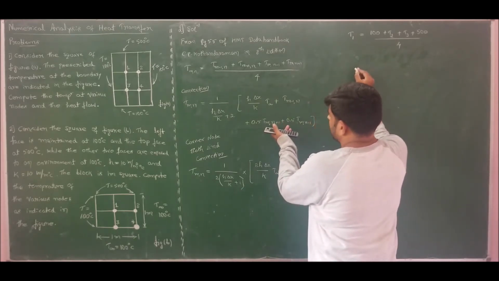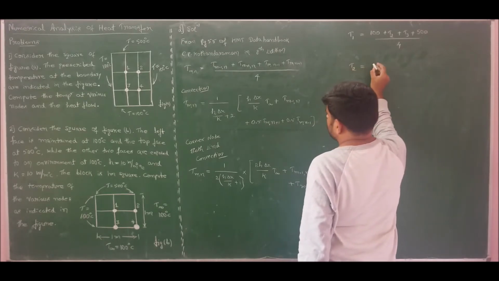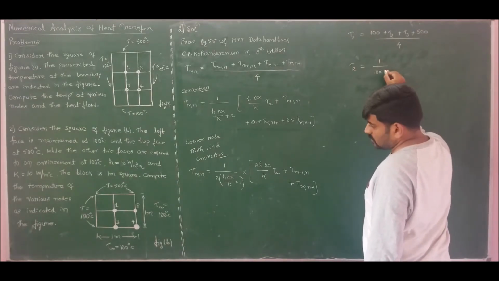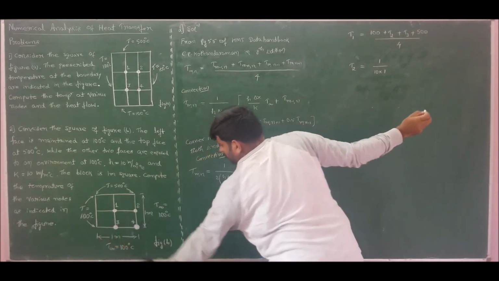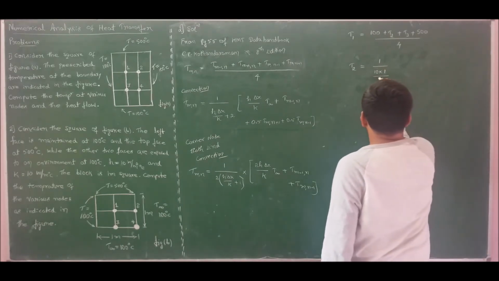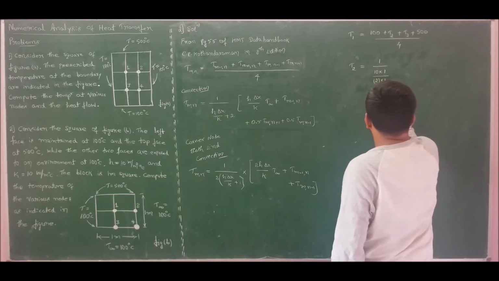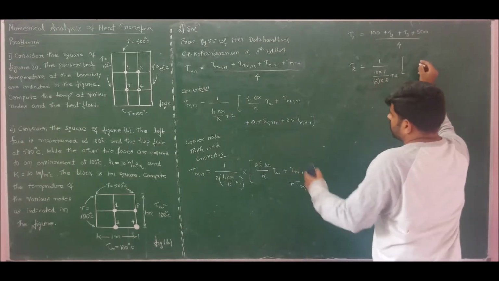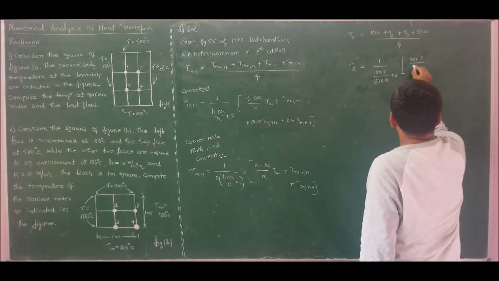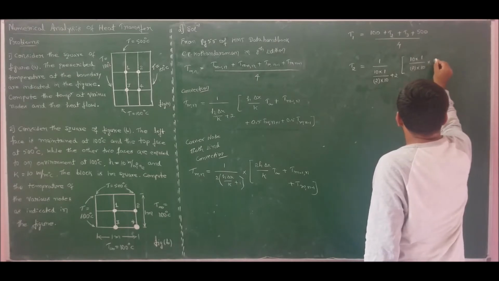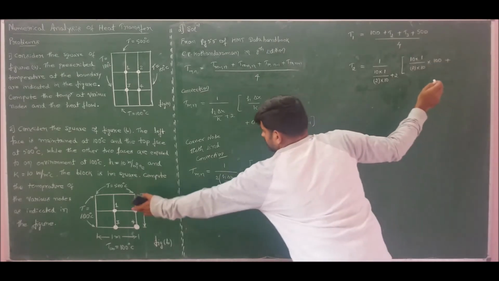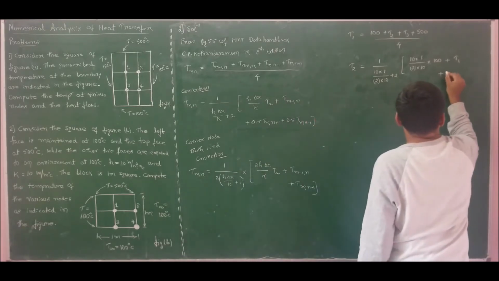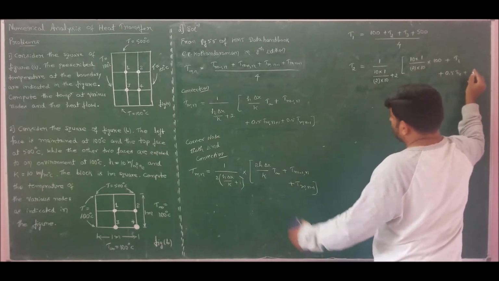Using this, T2 can be written as 1 divided by (h delta x by k, plus 2), where delta x is 0.5 since the overall length is 1 meter, so h delta x by k is 10 times 1 by 2 divided by 10. We have h as 10, delta x as 1 by 2, k as 10, T infinity as 100, plus T1, plus 0.5 T4, plus 0.5 times 100.